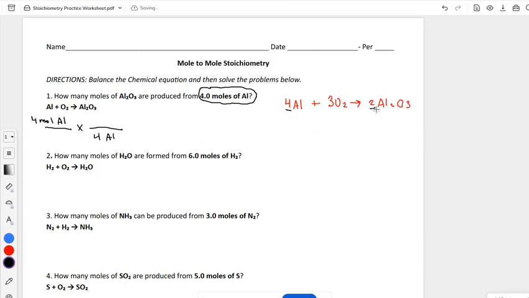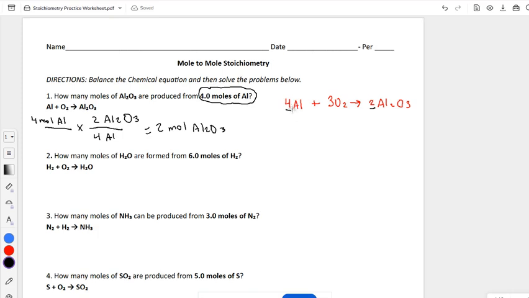The one we want is aluminum oxide, and the number is 2, so 2 Al2O3. Now it's the same: top times the top divided by the bottom. 4 times 2 is 8. 8 divided by 2 equals 2 moles of Al2O3.